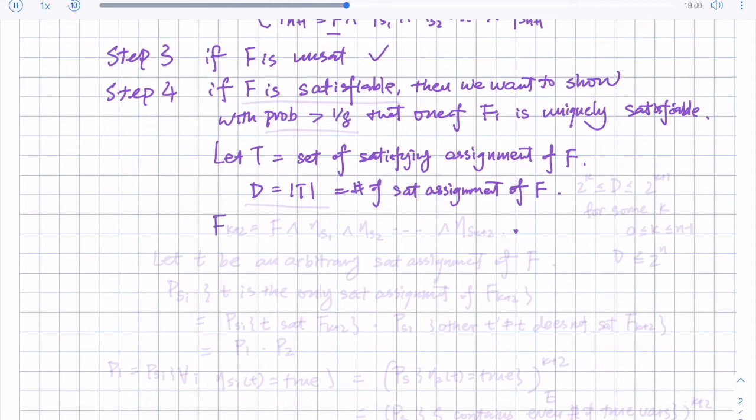So remember, Fk plus 2 is the formula F and eta S1 and eta S2 all the way till eta Sk plus 2.